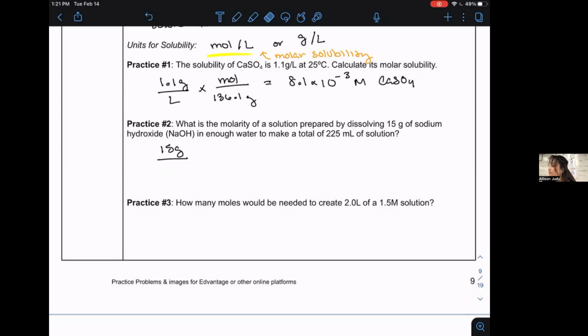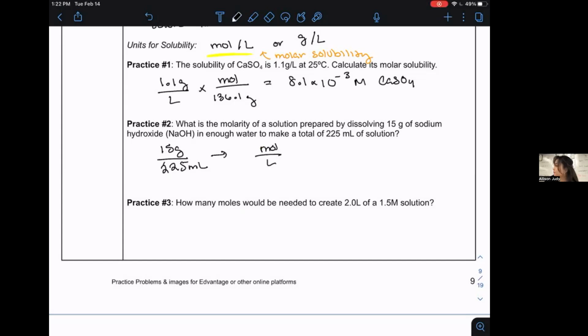We get 15 grams of sodium hydroxide, and we're dissolving it to its maximum solubility level. What we're trying to find is the value of that in molarity. Well, we're told that 15 grams dissolves in 225 milliliters. So we know that somehow we need to convert this to moles per liter.